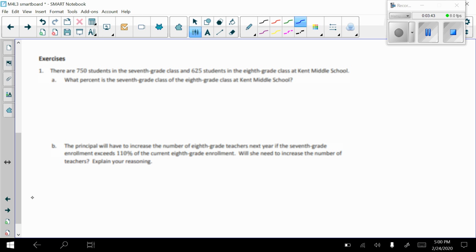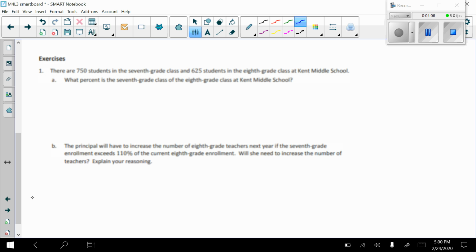So when I look at this, there are 750 students in the 7th grade class. Wow, that's a huge school. And 625 students in the 8th grade class at Kent Middle School. What percent is the 7th grade class of the 8th grade class at Kent Middle School?